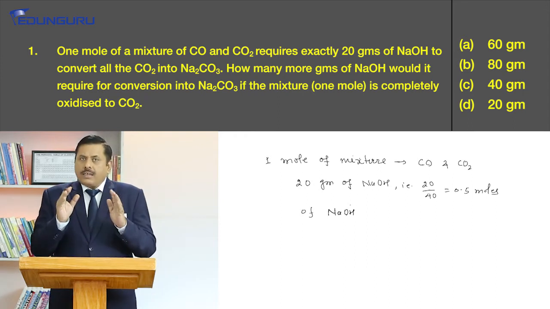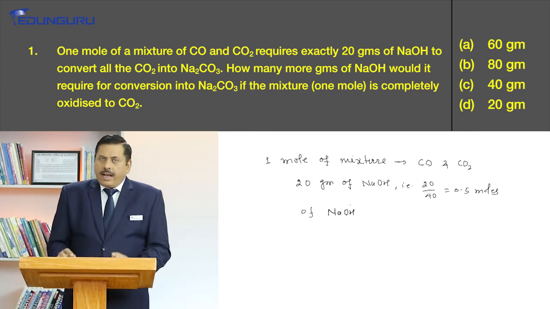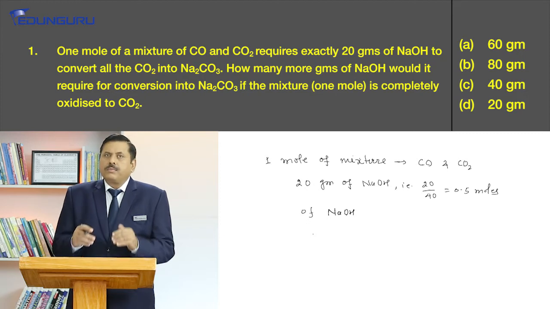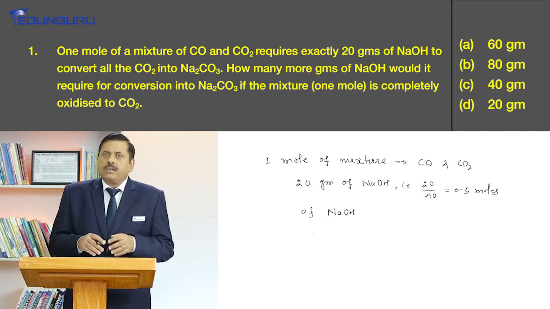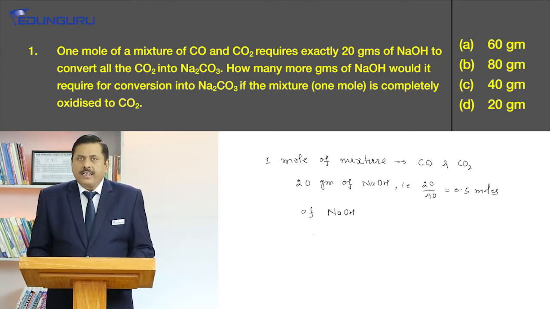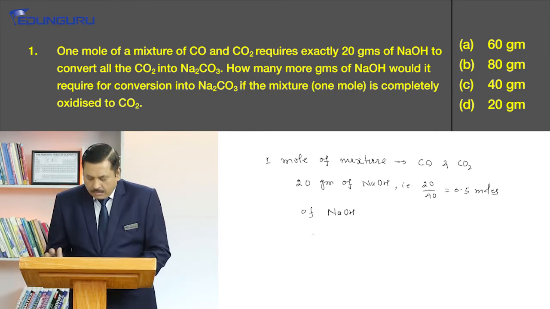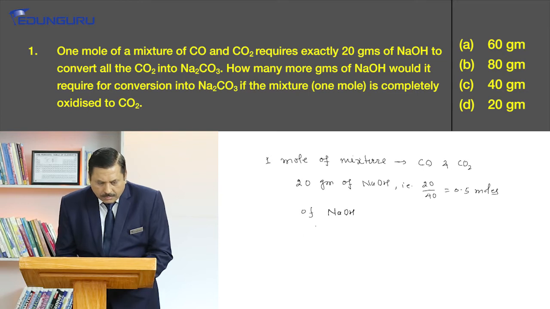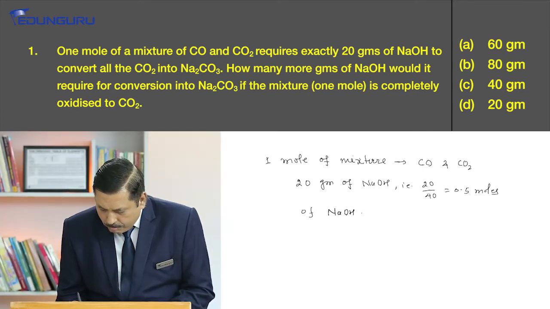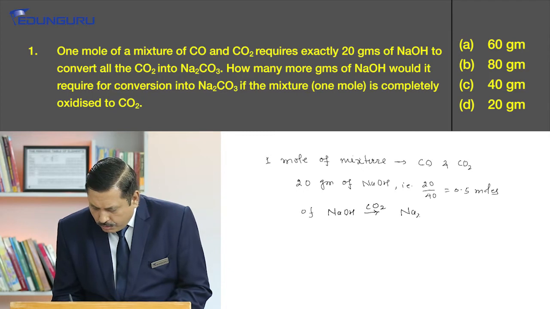And what NaOH will do? NaOH will convert carbon dioxide to Na2CO3. It will not react with carbon monoxide. Therefore, NaOH plus CO2 will give Na2CO3.